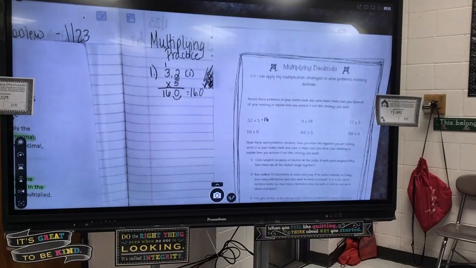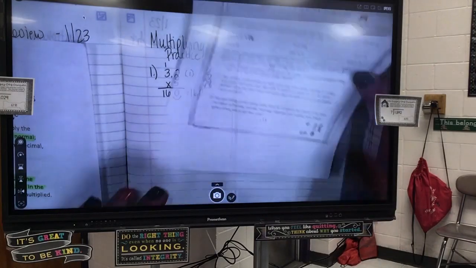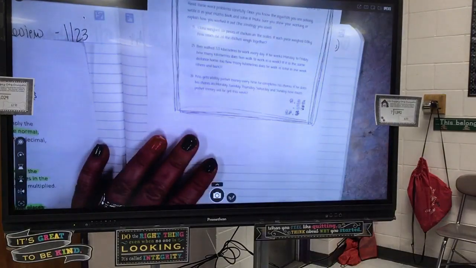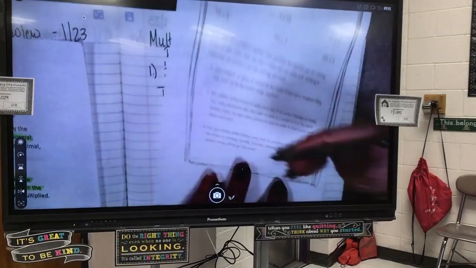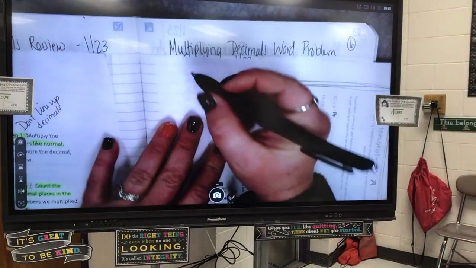Alright, so you and a partner are going to be finishing this page. If down here you have word problems, what are you doing? Kaya? So across the side, flip your paper sideways.